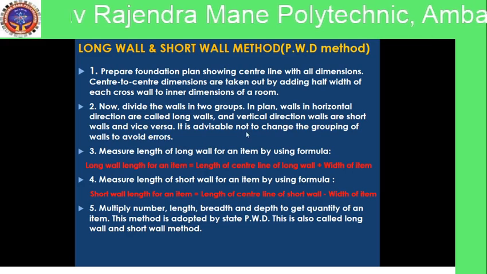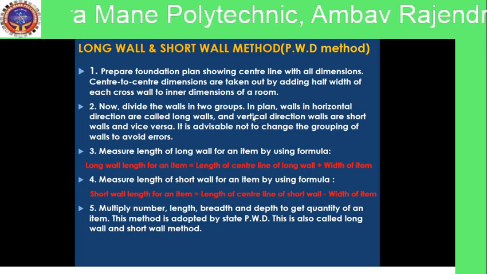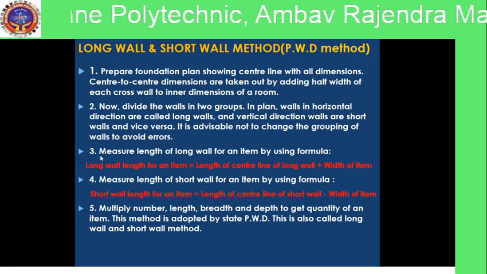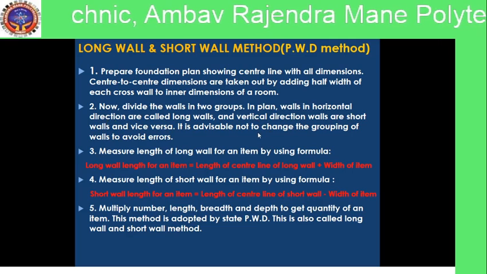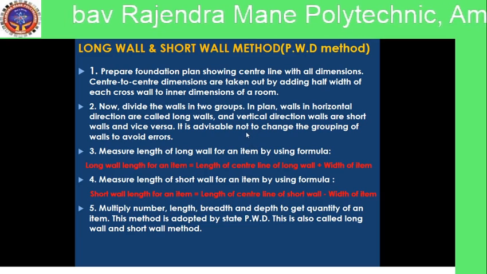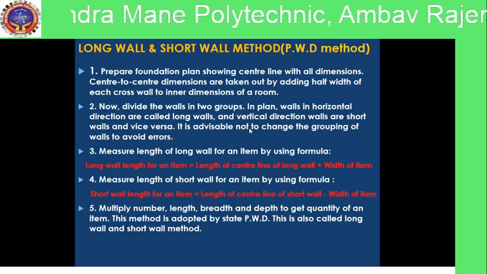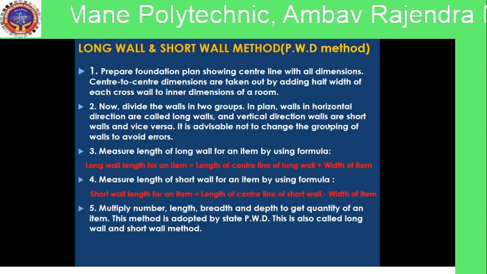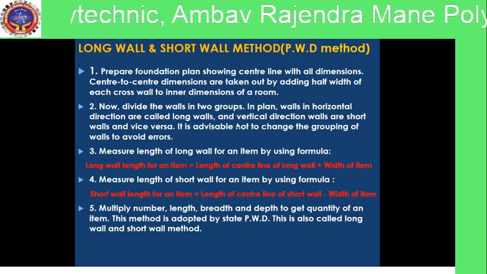It is advisable not to change the grouping of walls to avoid the errors. So, if you take horizontal walls as long walls, then all horizontal walls will be taken as long walls. And if you decide to take the walls in vertical direction as short walls, then all vertical direction walls will be taken as short walls.